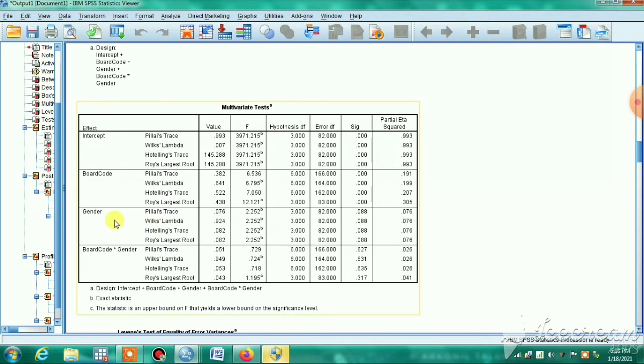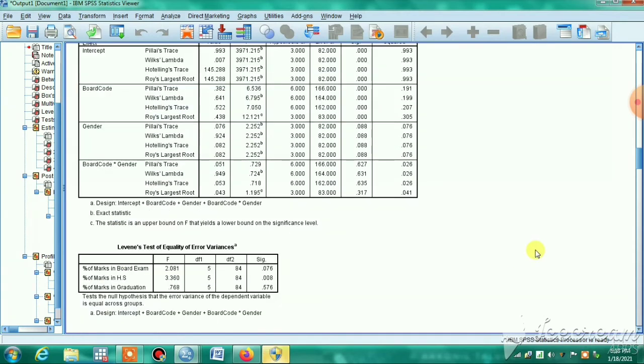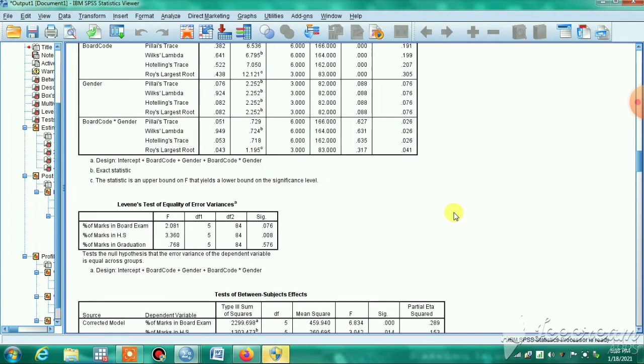So the difference with respect to gender is not significant, but the difference of marks with respect to board code is significant. The interaction of board code and gender is also not significant, so the significant difference is not due to the interaction of board code and gender. In this way we can explain it.